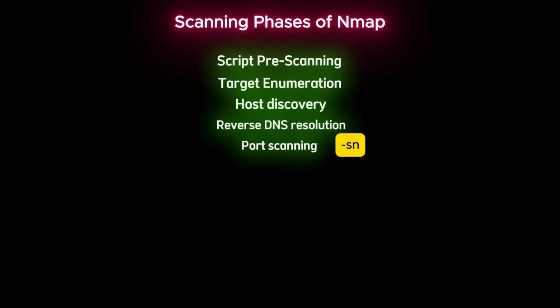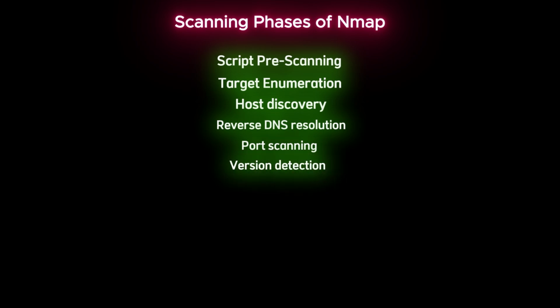It can be skipped by using the -sn argument. Version detection: this phase is in charge of detecting the advanced version for the ports that were found open. It is only executed when the -sV argument is set.